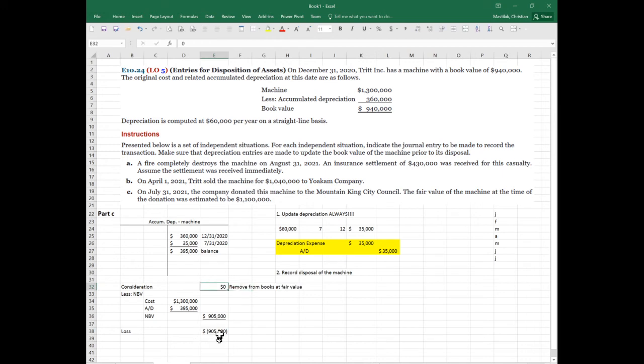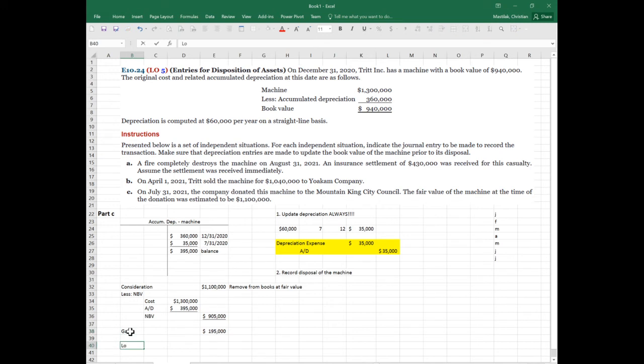So instead of a $905,000 loss, if we take it off the books at $1.1 million, we have a $195,000 gain on the disposal of the asset.